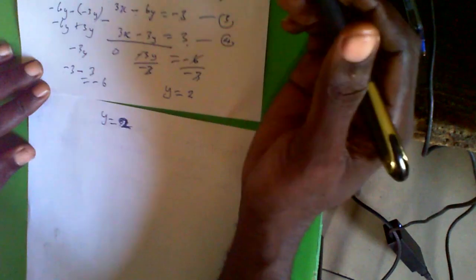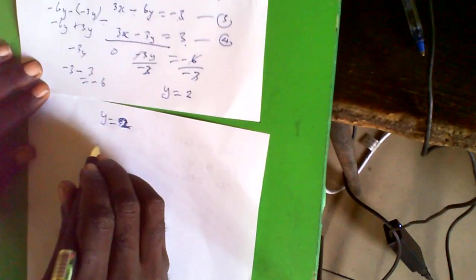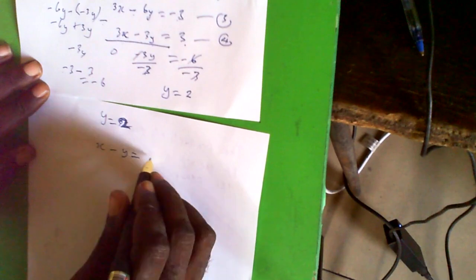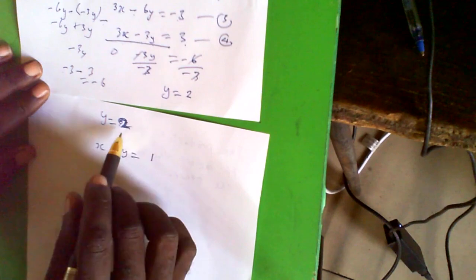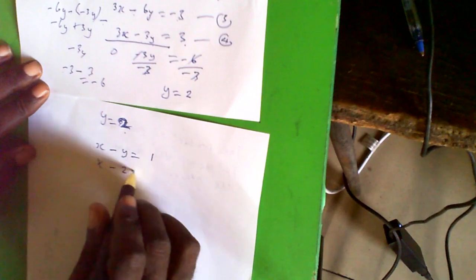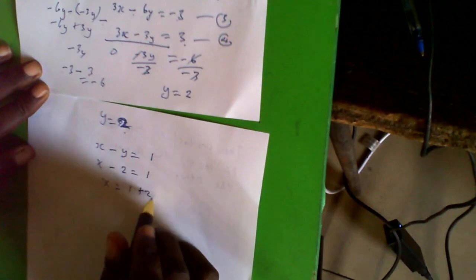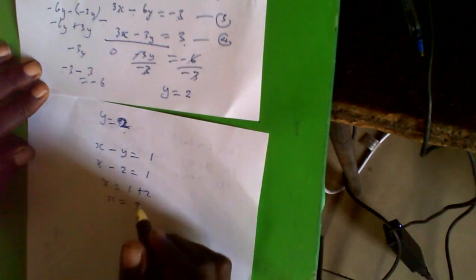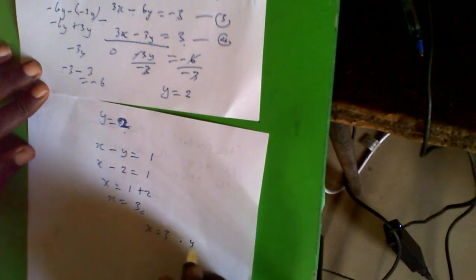Let's take equation 2: x minus y equals 1. Anywhere we see y, we put 2 there. So x minus 2 equals 1. So x is equal to 1 plus 2, so x is equal to 3. So the value of x is 3, while the value of y is 2.